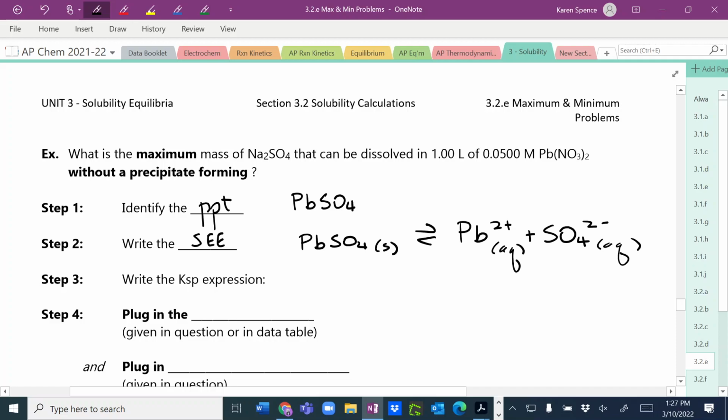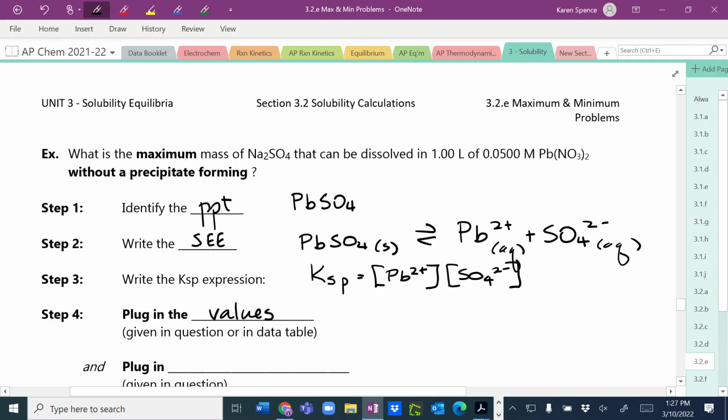Write the KSP expression, and then plug in the values.